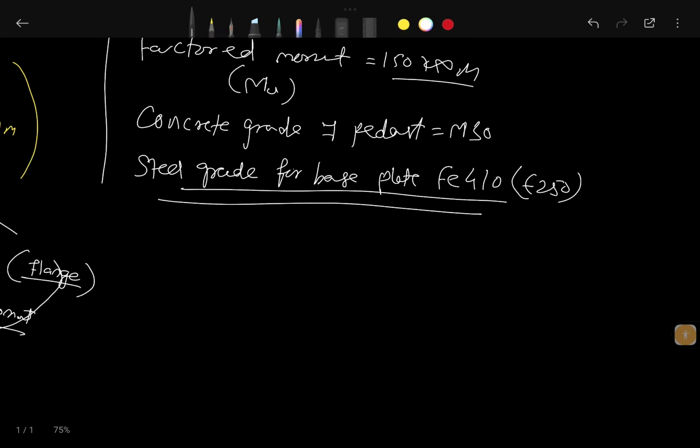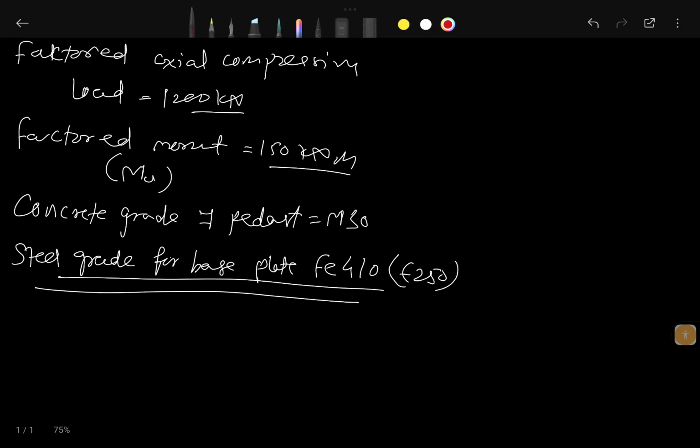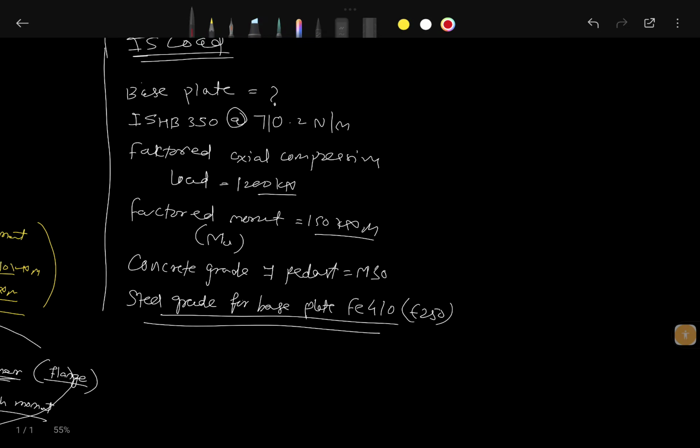Okay. Now the column section is ISHB 350.